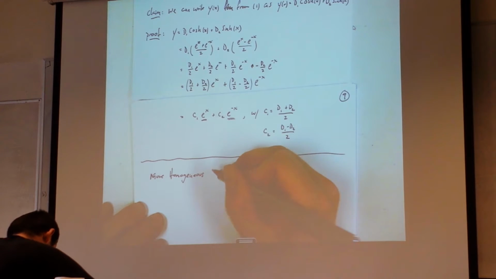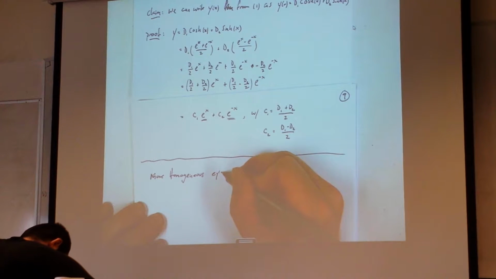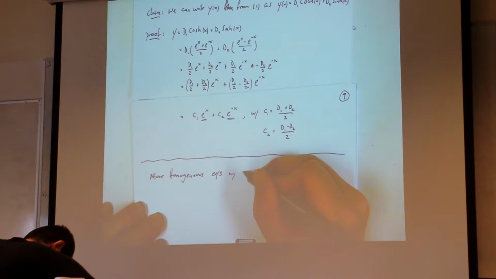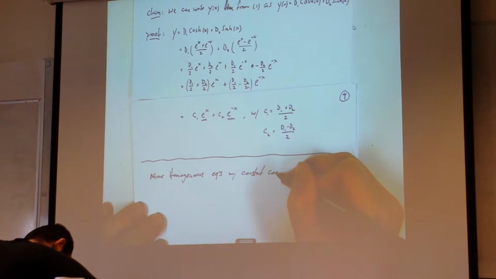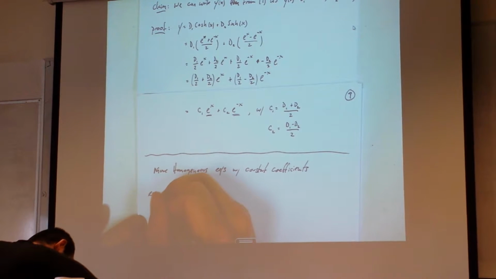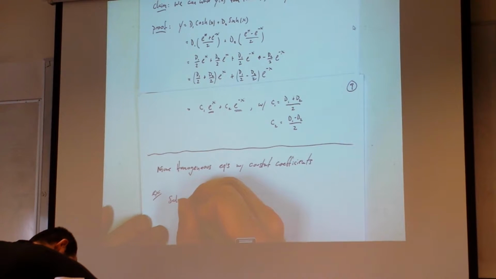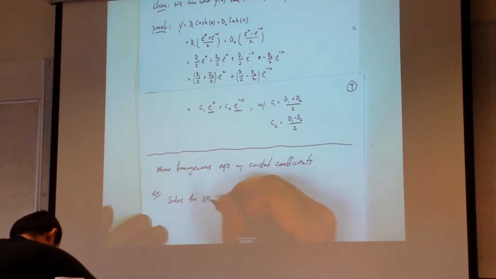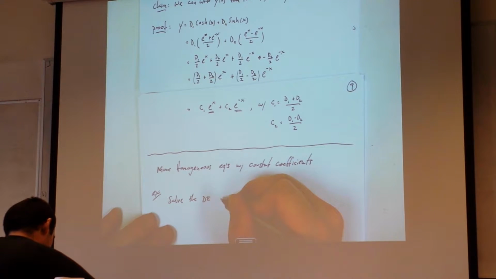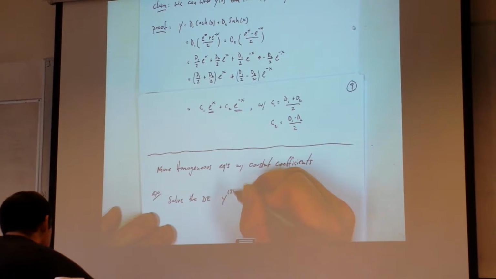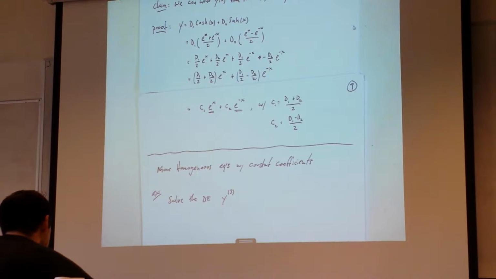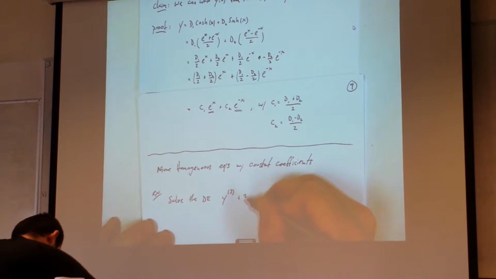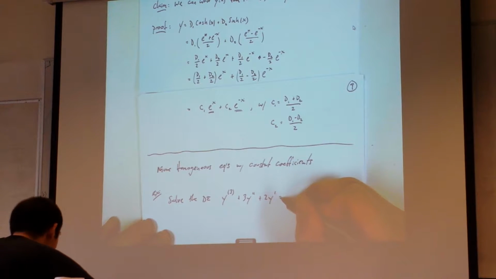So, another homogeneous equation with constant coefficients. All right, let's look at the equation y, and this is the third derivative, plus 3y double prime plus 2y prime equals 0.